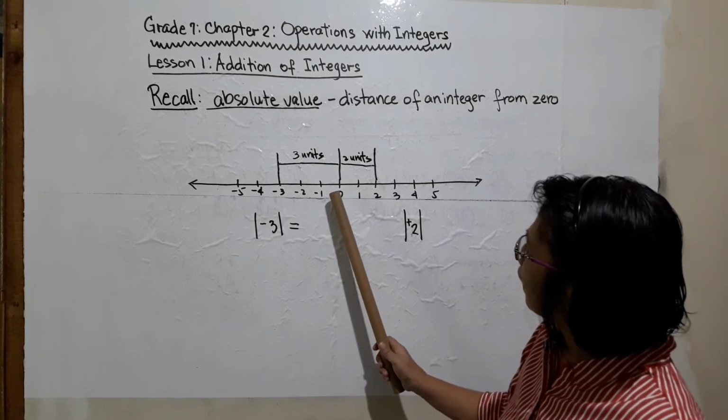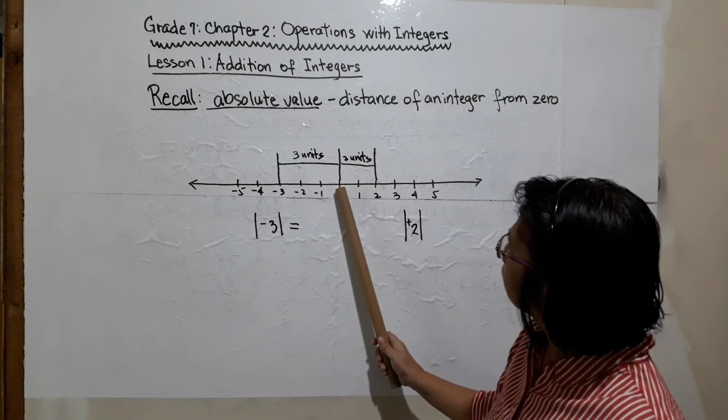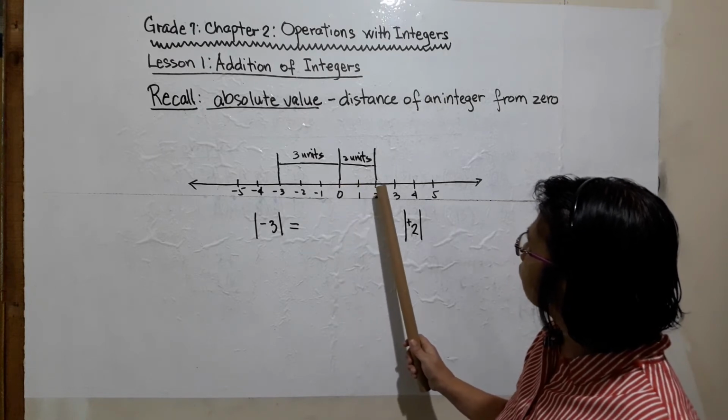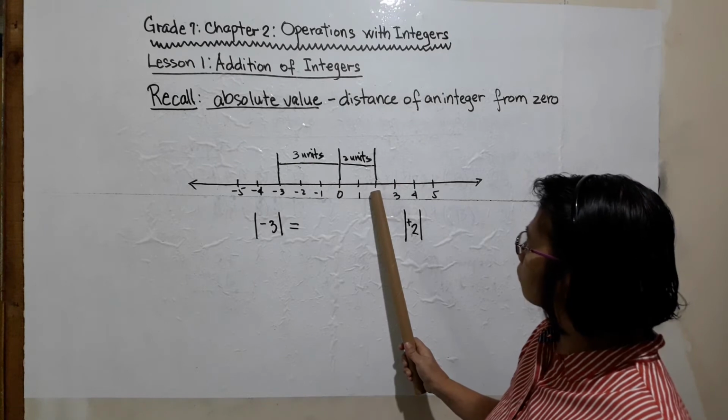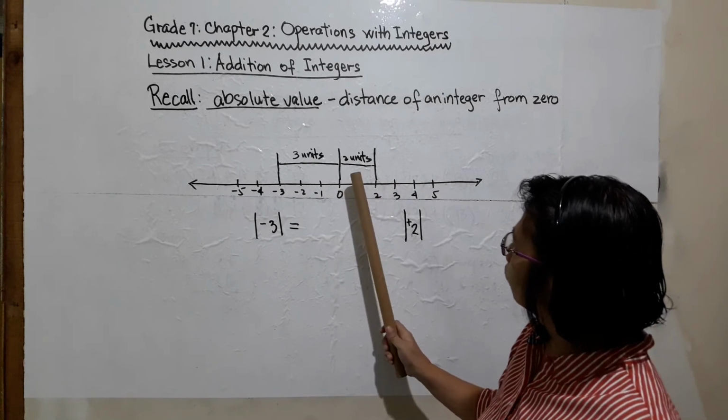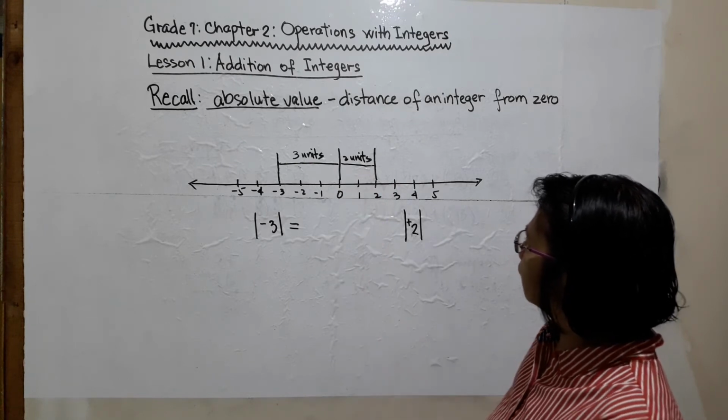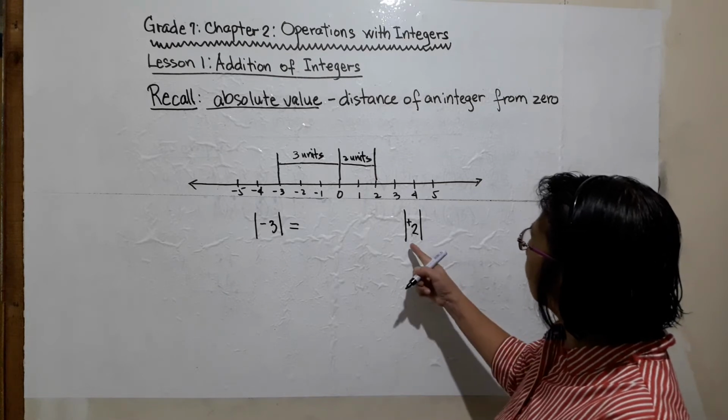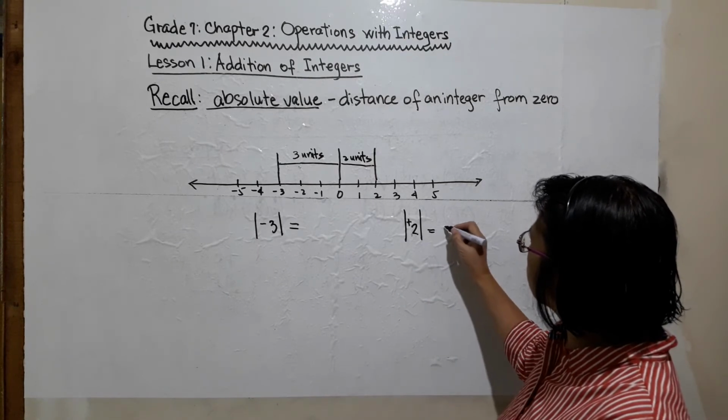So from 0 to positive 2. Okay, count. We have 1, 2. So that means the absolute value of positive 2 is 2.